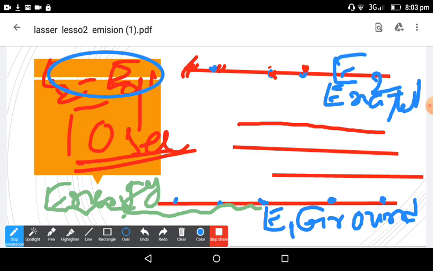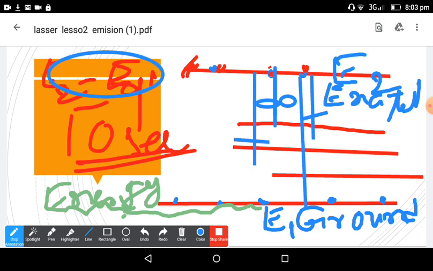Next, here we have to remember one thing: all the atoms which are in the excited level will not jump down to the same lower energy levels. Some of the atoms jump to maybe this level, and some of the atoms jump to here, and some of the atoms jump to the next one, or directly some of the atoms jump to the ground level here.